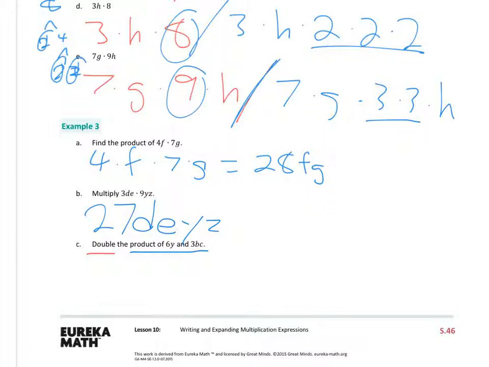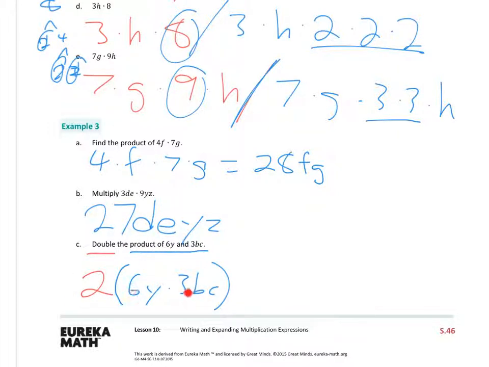So double means times 2, 2 of them. So 2, and then I'm going to be fancy and write it like this. I know I have 6y times 3bc, right? This just means I wrote it doing order of operations, so we can do all this multiplication first, find that product, and then double it.